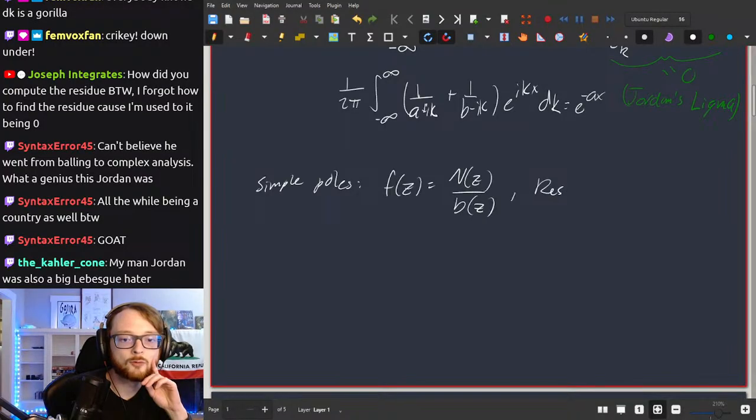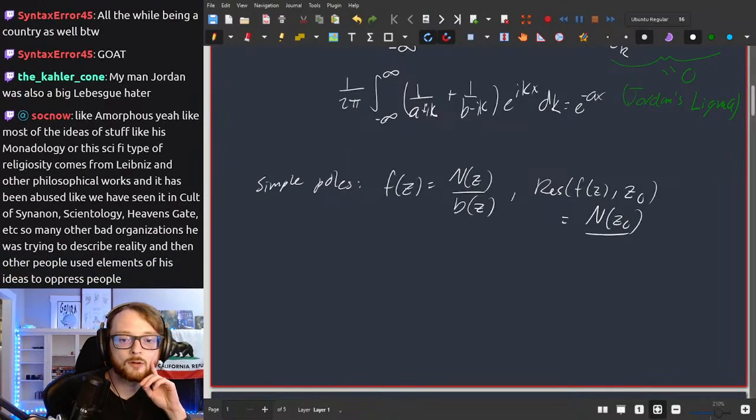The residue of f of z about some point z naught is equal to n of z naught over d prime z naught. So you just take the derivative of the denominator and you plug in the point.